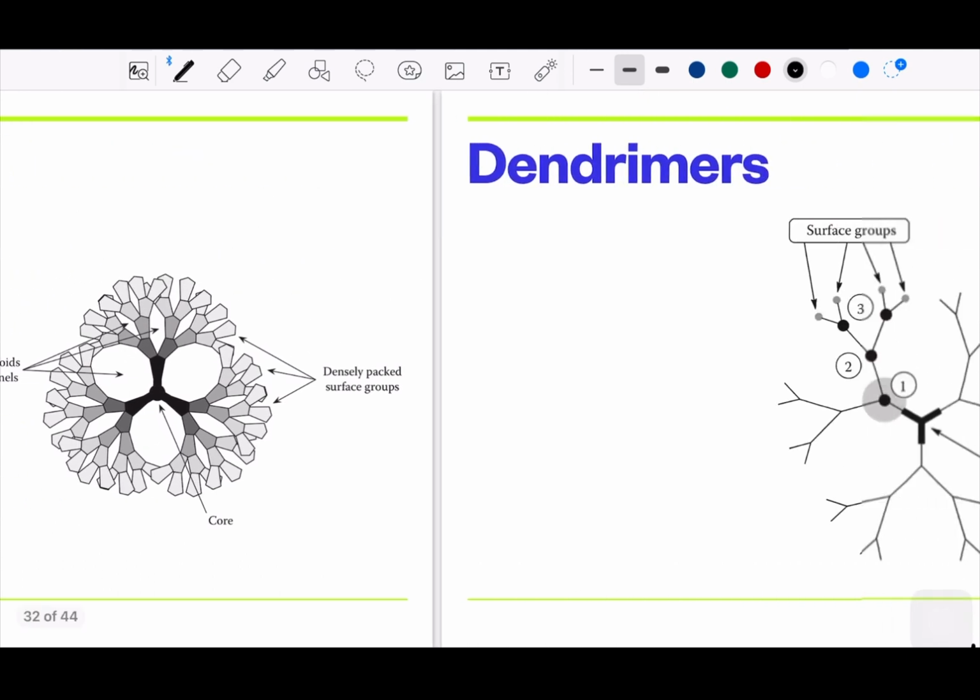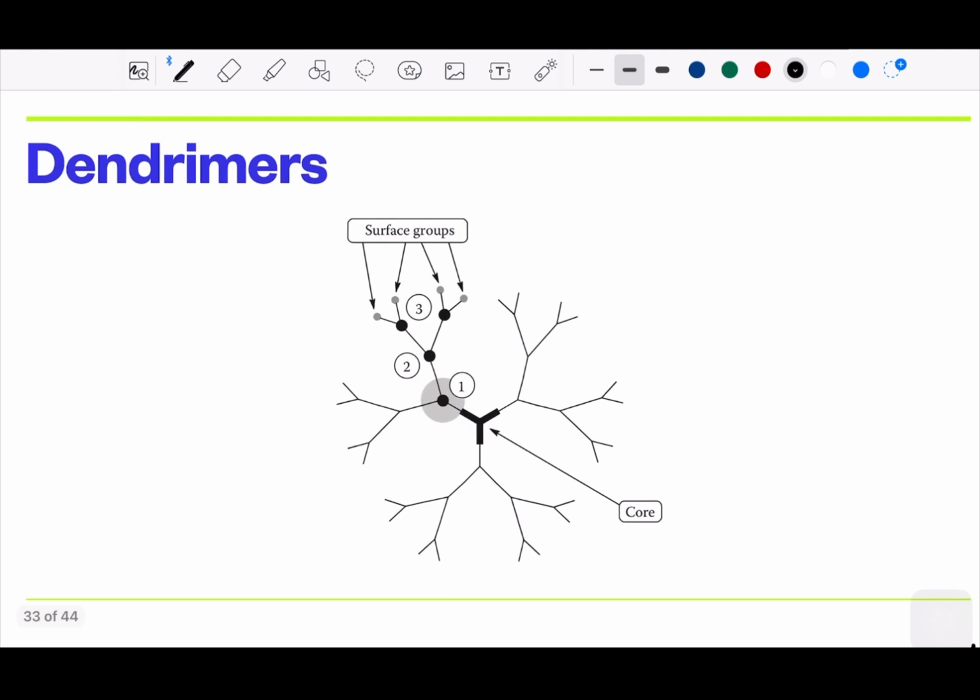Then for dendrimers, if we look in more detail, we call 1, 2, 3 the generations, which means how far it is moving away from the core.